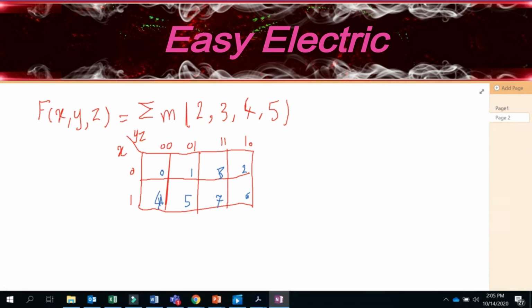Then put the 1 wherever we have a minterm. We did all of this in our last class, so I don't explain too much because you already know how to do that. Take a look at whatever you have inside the parentheses. That is minterm 2, so you put 1 here. Minterm 3, you put 1 here. And minterm 4 here, and 1 here for minterm 5, which are 2, 3, 4, and 5.